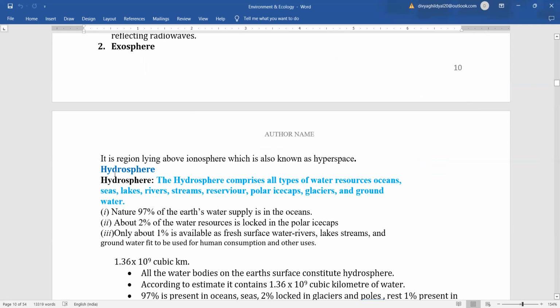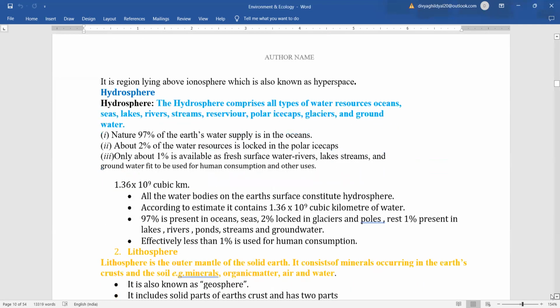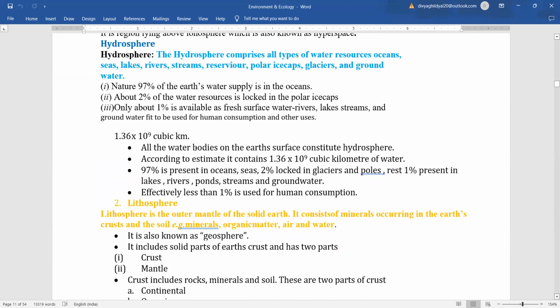Hydrosphere, it has been done in blue for you because remember, hydrosphere consists of all water resources available on earth, like ocean, river, sea, lake, stream, reservoir, ice cap, glacier, groundwater, etc. As we all know, three-fourths of the Earth is covered by water, and approximately 97% of Earth's water supply comes from oceans. 2% is locked in the polar ice caps.